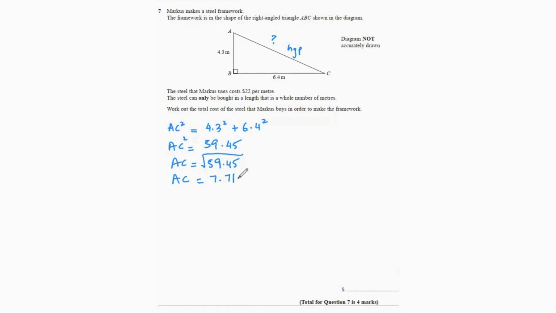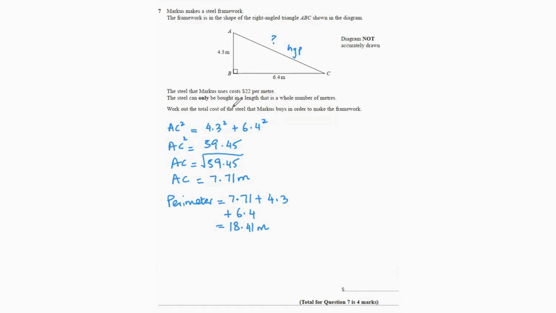7.71 meters. Now, if we add all of the lengths to find the total length of steel that is being used to make this framework, the perimeter is going to be 7.71 plus 4.3 and then plus 6.4. That gives us 18.41 meters.